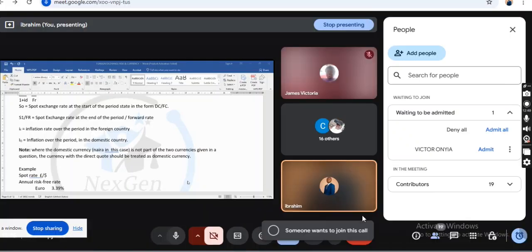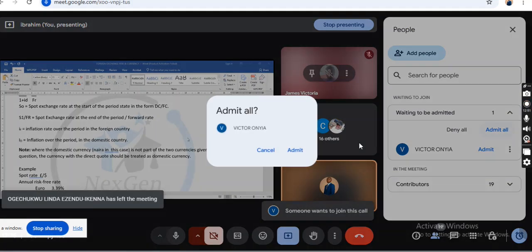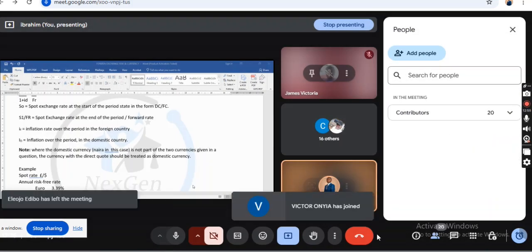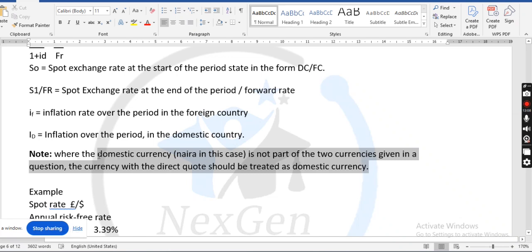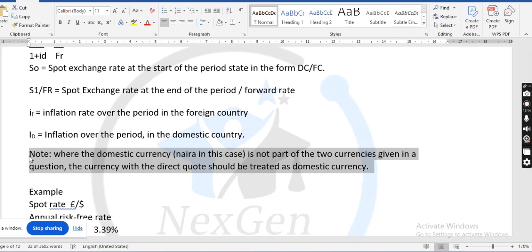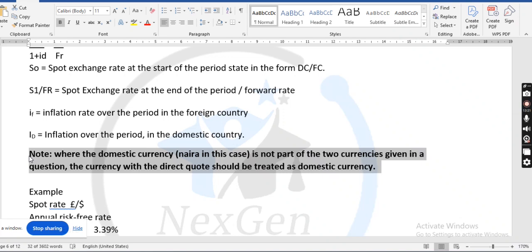Note, where the domestic currency, in this case Naira, is not part of the two currencies given in the question, the currency with the direct quote should be treated as a domestic currency, in a situation whereby the spot rate did not involve domestic currency.